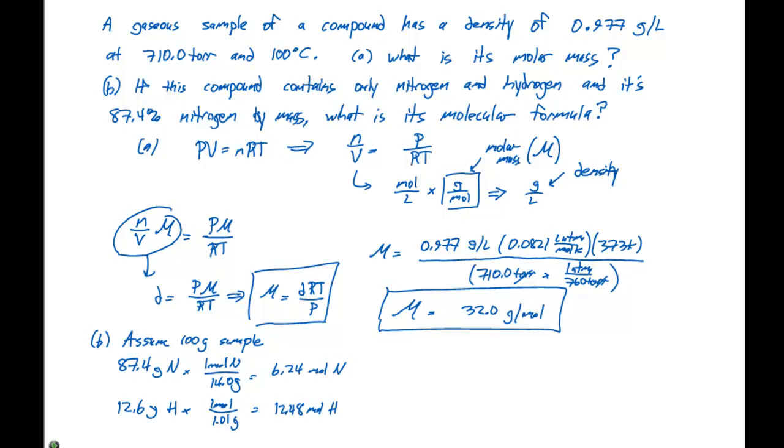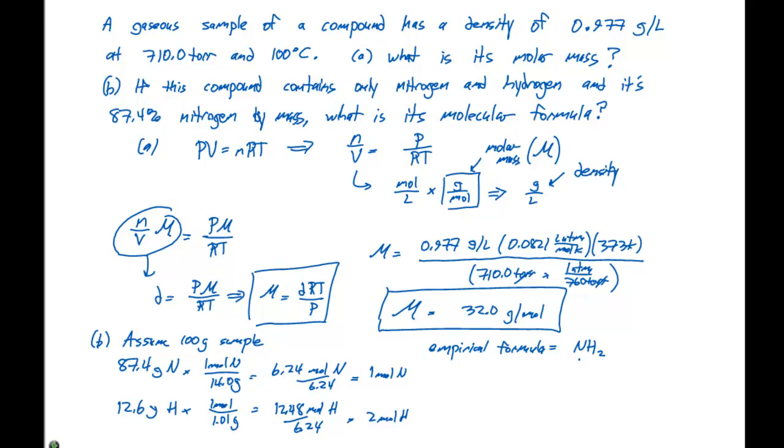We compare these two values, find the smallest one, and divide each by that, so we divide each by 6.24. That gives us 1 mole of nitrogen for every 2 moles of hydrogen. So our empirical formula is going to be NH2.